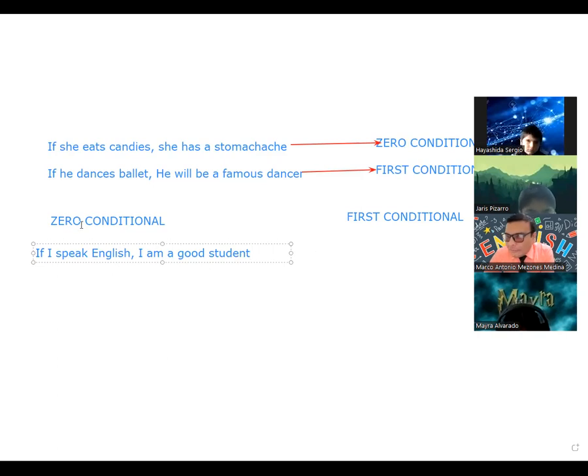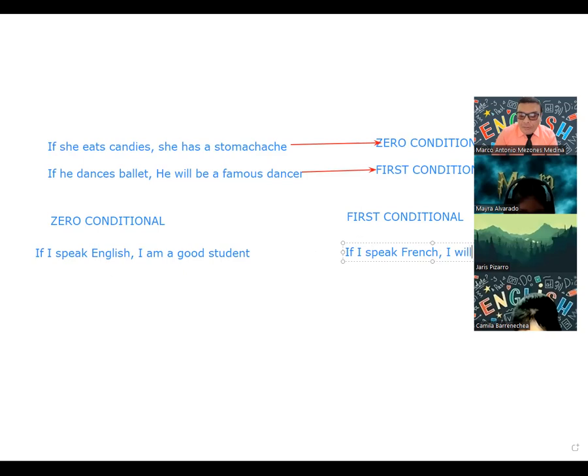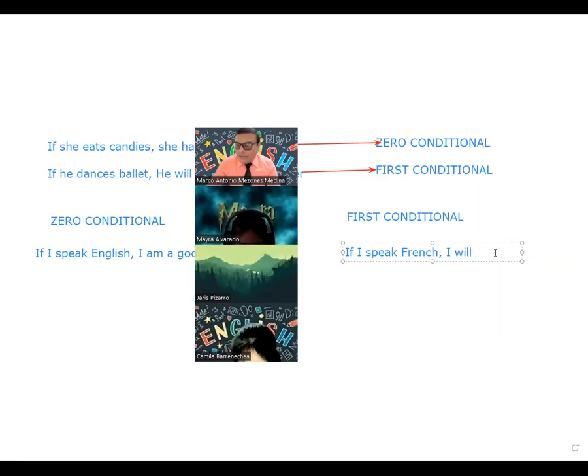This is the correct formation of the zero conditional. But now, first conditional, listen. If I speak French, I will go to Paris. It's okay, my friends? Yes, it's okay because I'm combining the sentences.